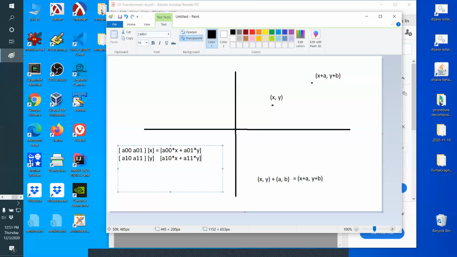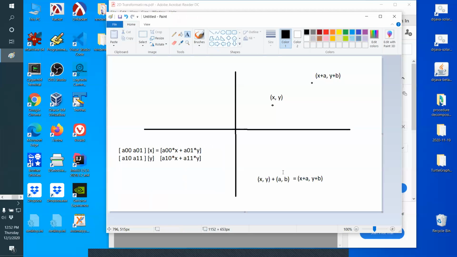That's matrix multiplication in the 2D case. Now notice that there's no way to add a constant to x. The only thing you can add to x is something that depends on y. On the right-hand side here, I want x plus a constant, and I want y plus another constant.